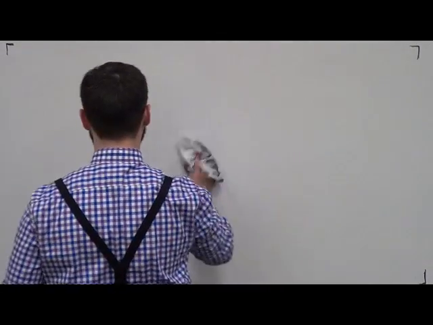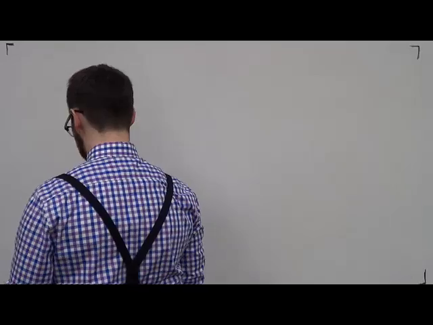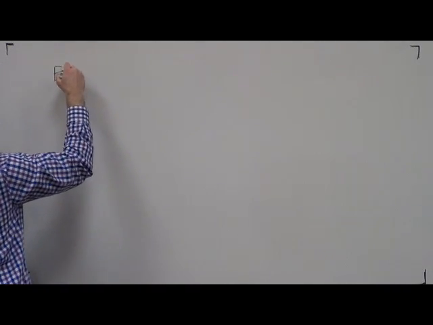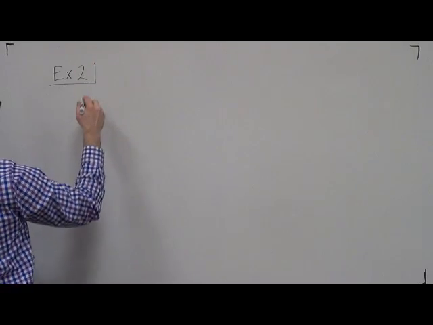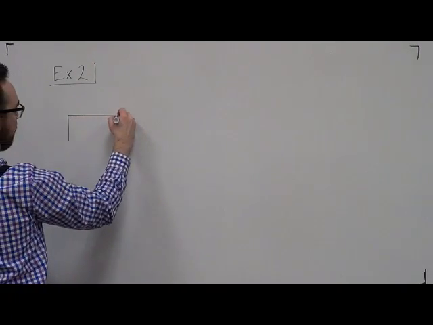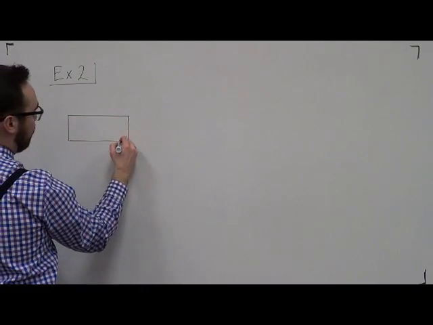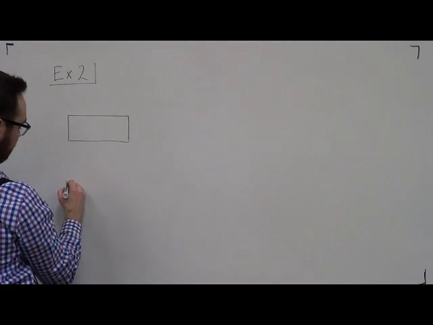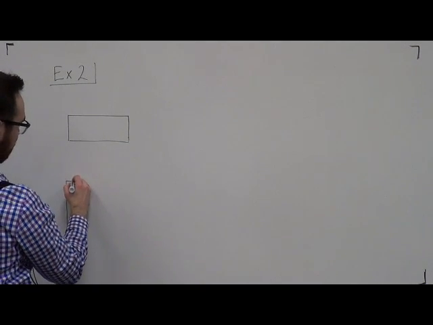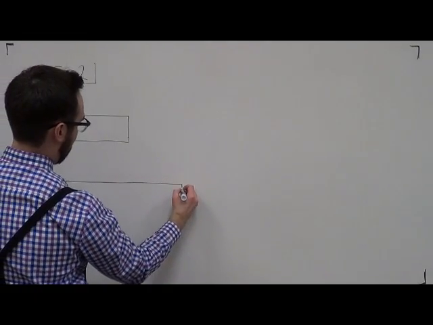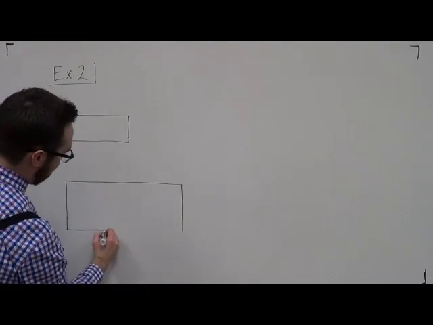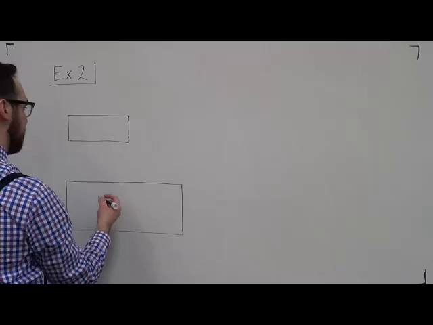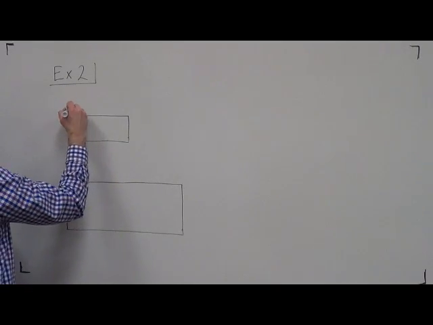So if I have, call this example 2, if I have a rectangle, another rectangle, and I tell you again, these shapes are similar.